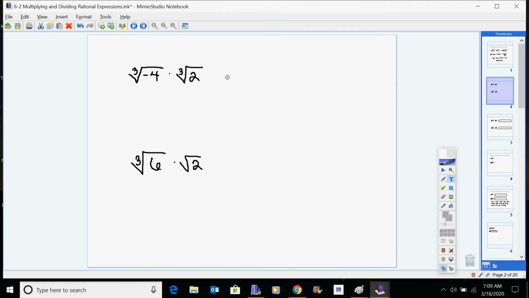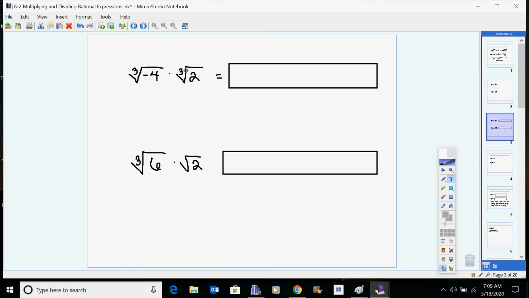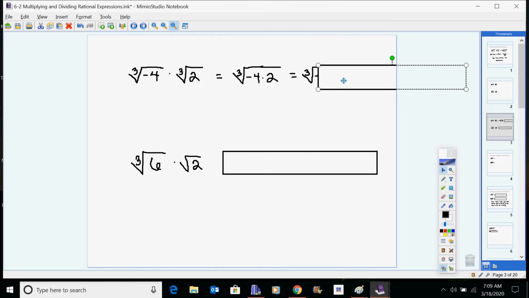So these can get put together, and when we simplify this, this becomes the cube root of -8, because the -4 and the 2 can get put under the same radical. And when we're looking for the cube root of -8, remember what you're doing is you're saying what number times itself, where there are 3 of them, will give you -8. And of course our answer is -2, because -2 times -2 is 4, times -2 is -8. So the answer being -2.